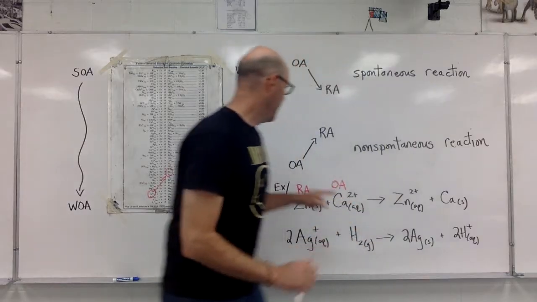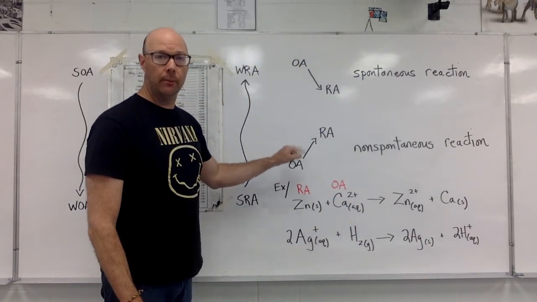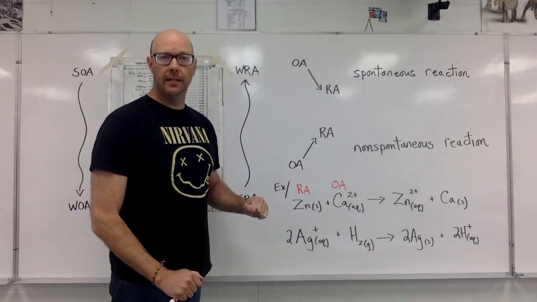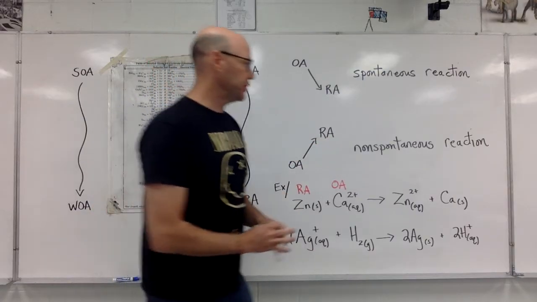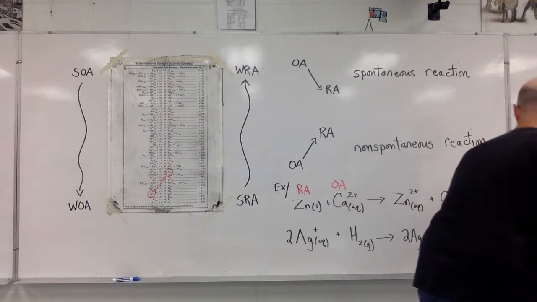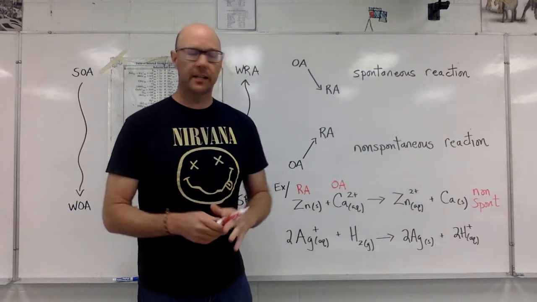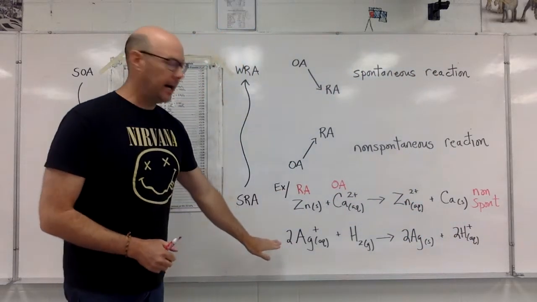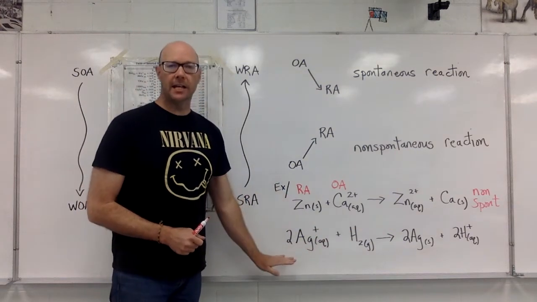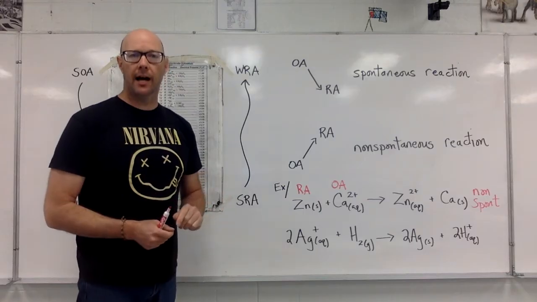And if the oxidizing agent is below the reducing agent on the table, we get a non-spontaneous reaction. So this first scenario is non-spontaneous.